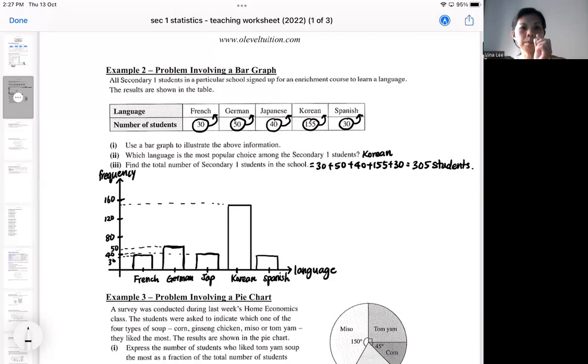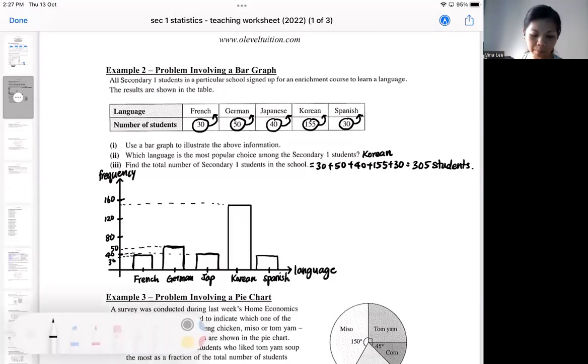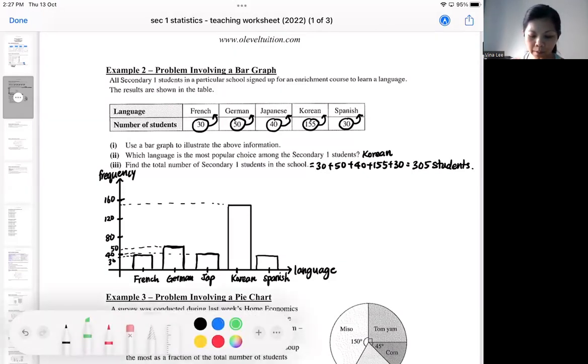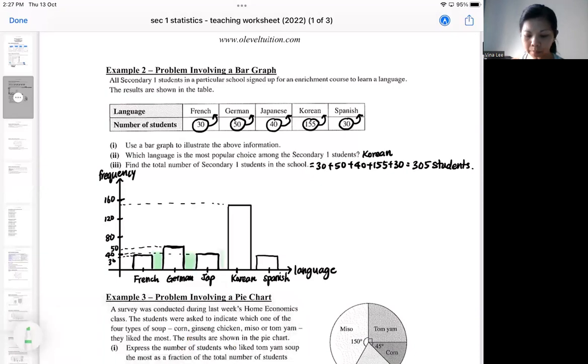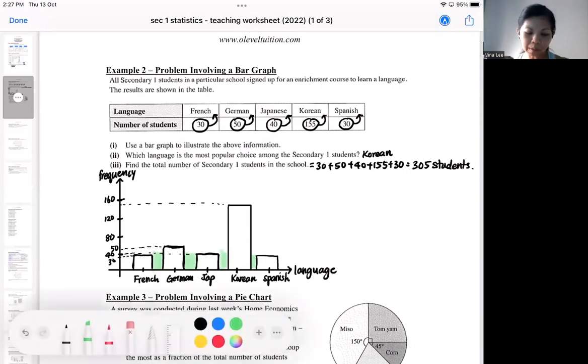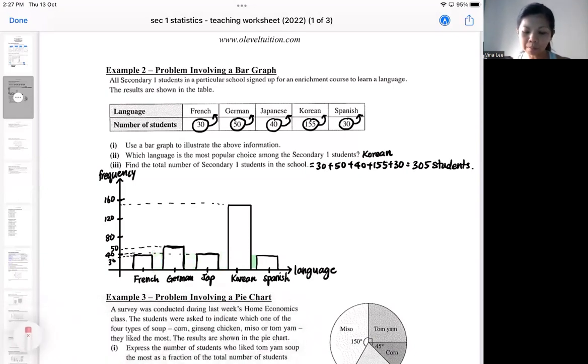If you look, the bar chart has single bars, but there's an interval in between. Can you see there's a gap in between? That is called a bar chart. We try to make the gaps the same amount.